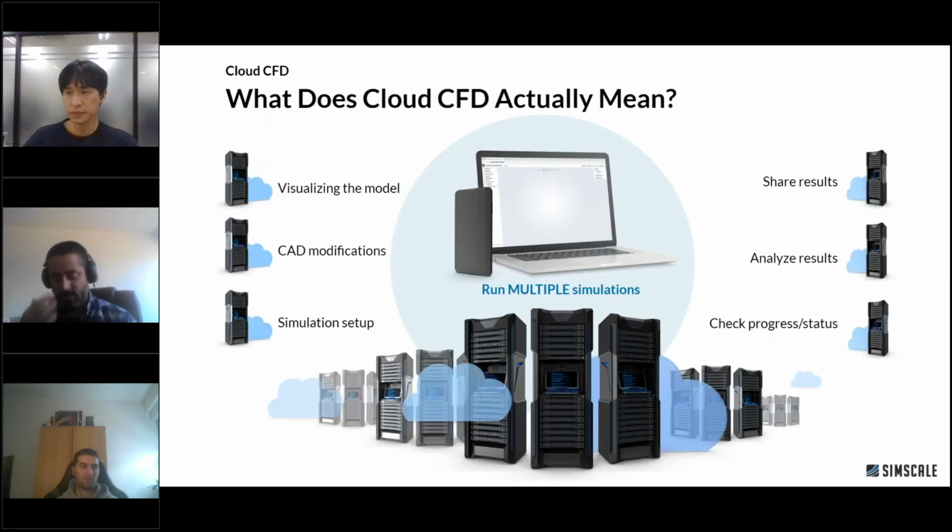So first, maybe a quick introduction. What does Cloud CFD even mean, right? If you look at the process when you're doing a simulation, this involves multiple steps. That starts essentially with uploading your model and inspecting it a bit.